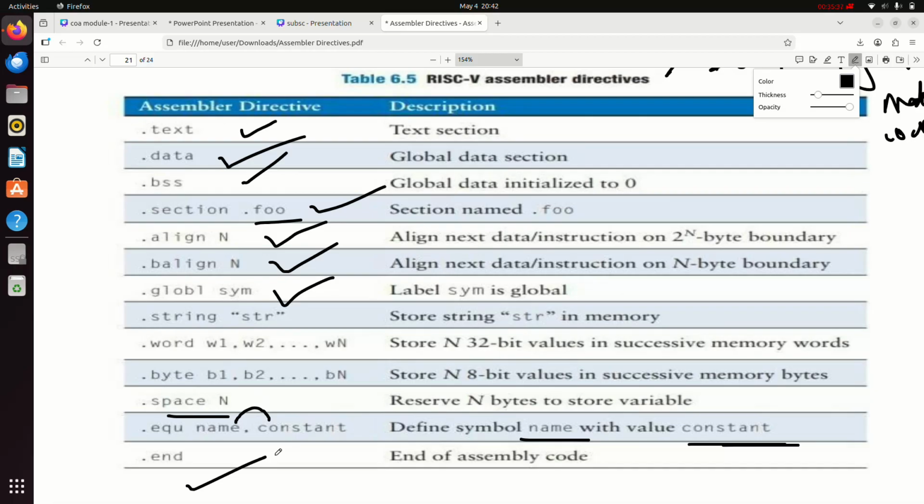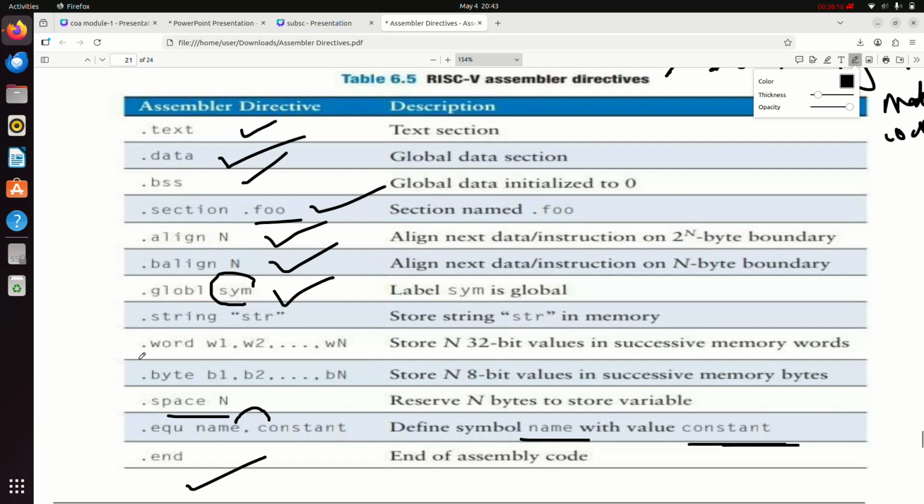So .text contains the text section. .data contains the initialized data part, the global initialized part. .bss is the uninitialized. .section .foo contains a section named foo. .align n is aligning to a 2 raised to n byte boundary, aligning this data or instruction to a 2 raised to n byte boundary. .balign n means align this data or instruction on an n byte boundary. .global sym means I am labeling sym as global. .string str means I am labeling this str as a string.